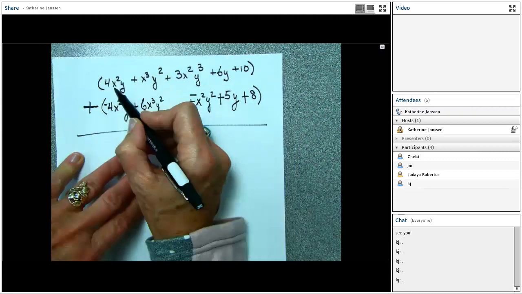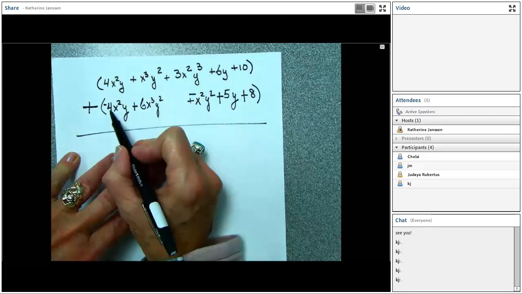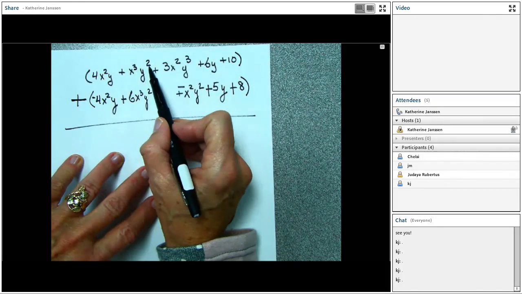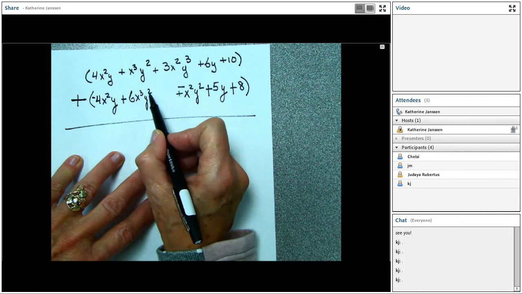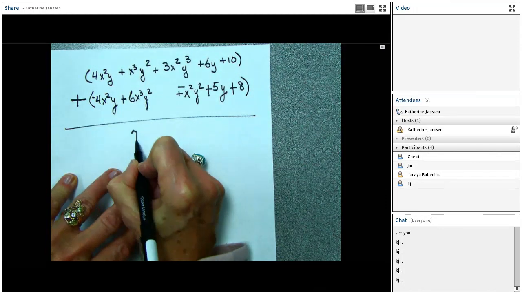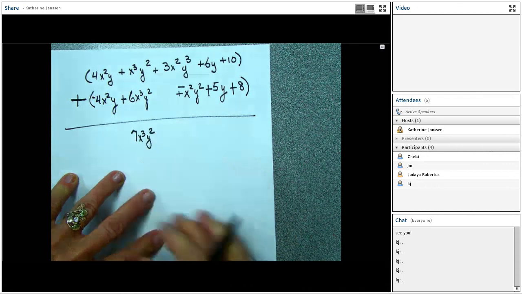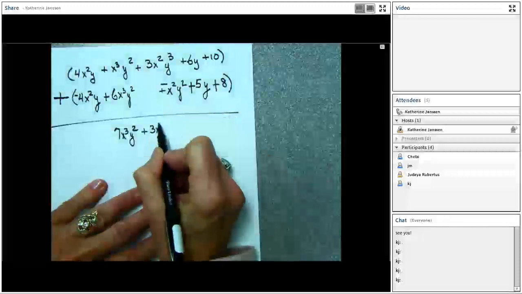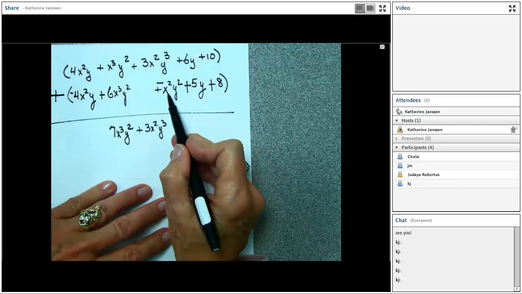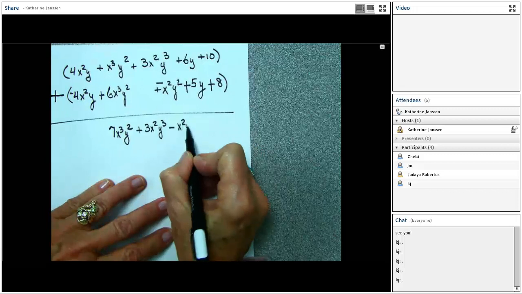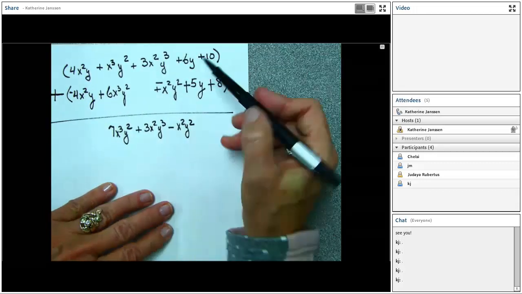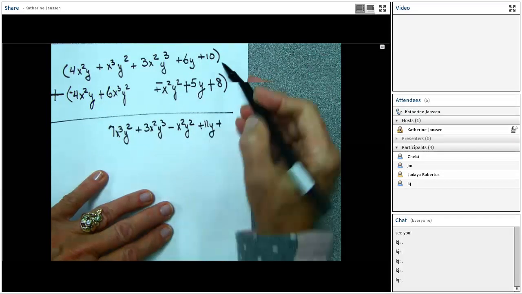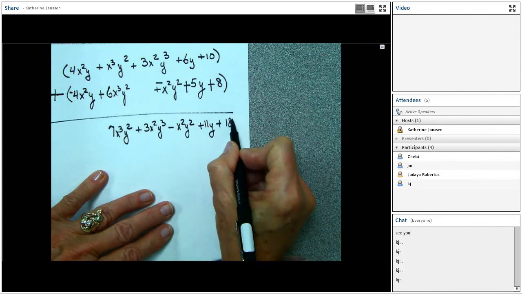So now we've columnized: 4x squared y plus a negative 4x squared y is 0. x cubed y squared plus 6x cubed y squared would be 7x cubed y squared. Looks like I have plus 3x squared y cubed and a negative x squared y squared, plus a 6y and a 5y would be 11y, and 10 plus 8 is 18.